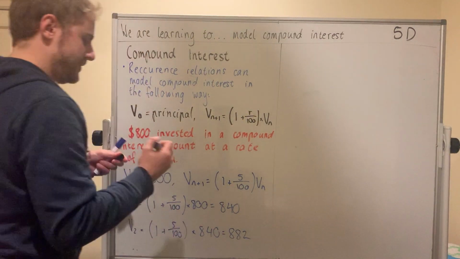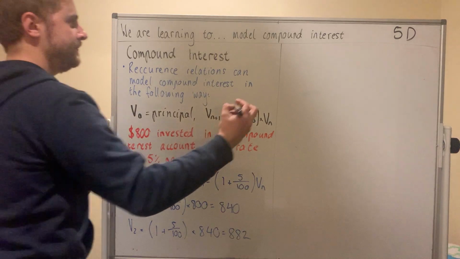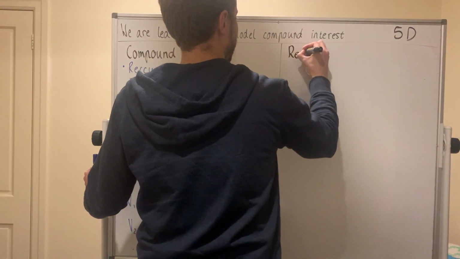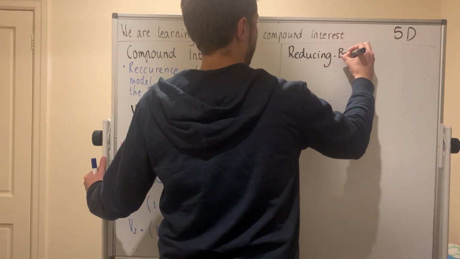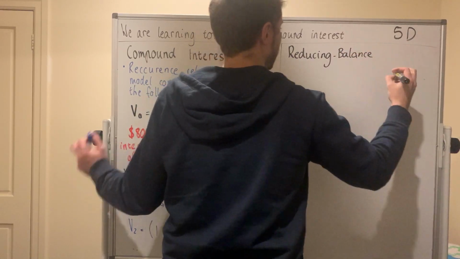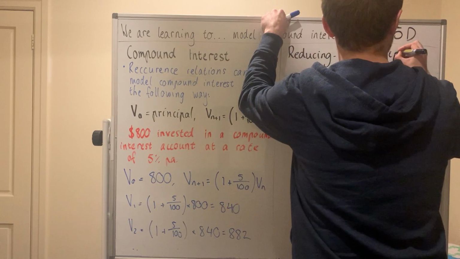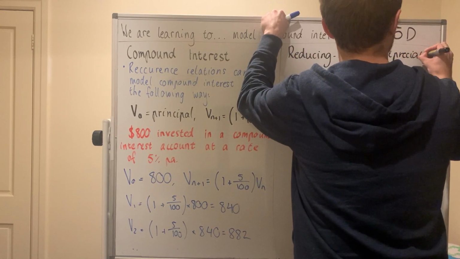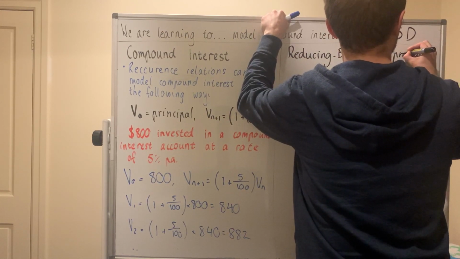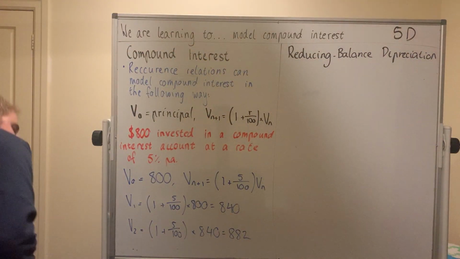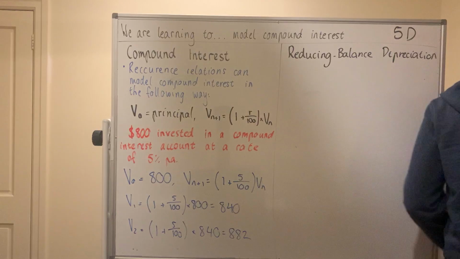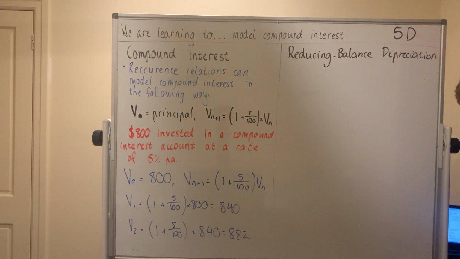All right, the next part is reducing balance depreciation. So a similar idea, however this time we are decreasing in value. Formula for this one is slightly different, so we are going to do a little bit more work.